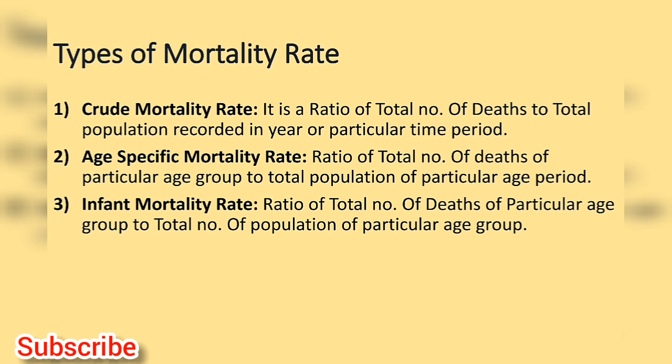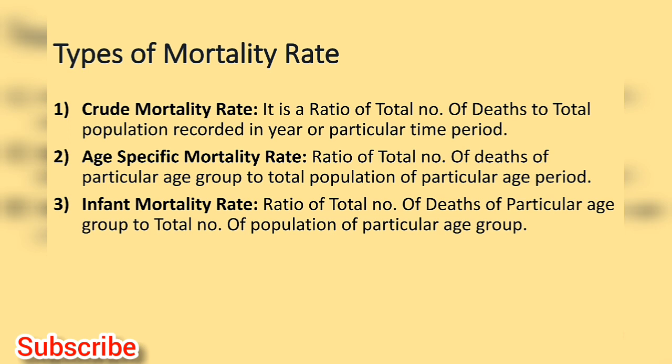Now the third category is infant mortality rate. It is the ratio of total number of deaths of the infant category, or below 12 months age group, to total number of population of the below 12 months age group. The infant category is only recognized when there is data about children below 12 months.